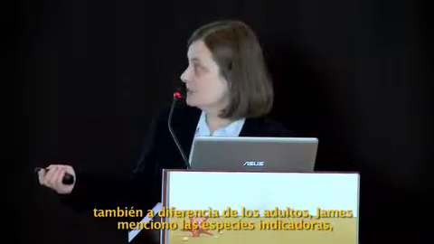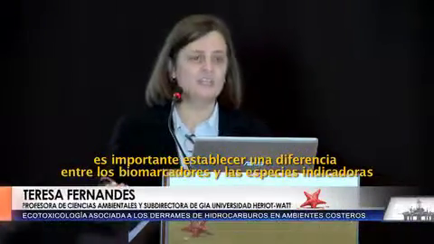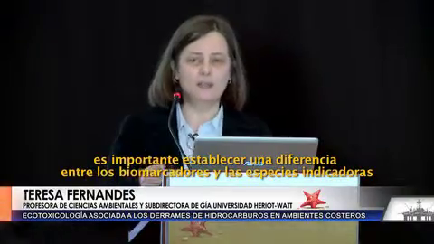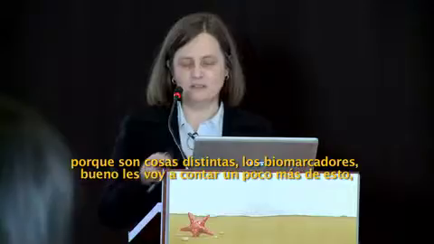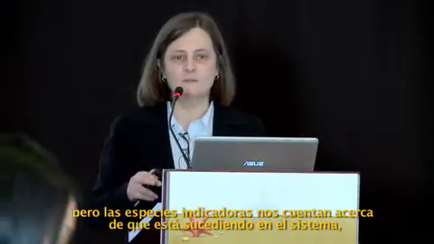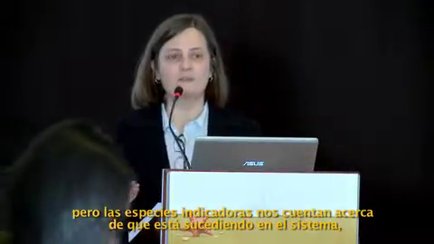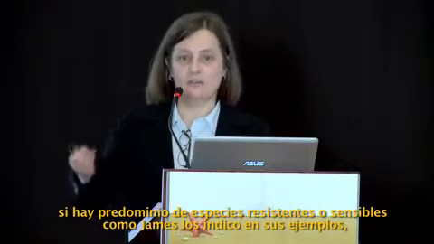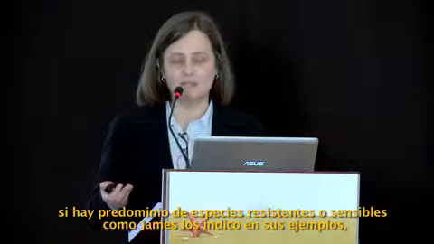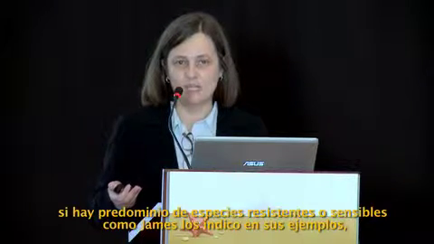James mentioned indicator species. It's important to distinguish between what I'll call biomarkers in a minute and indicator species. They're different things. Biomarkers, I'll tell you a bit more about it, but indicator species basically tell us a bit about what's going on in the system, if you have predominance of resistant or sensitive species, as James has indicated in his examples.